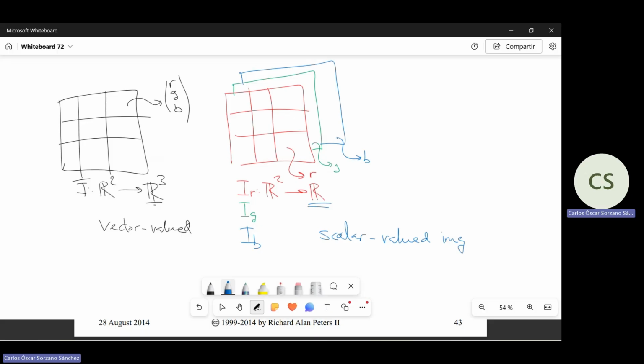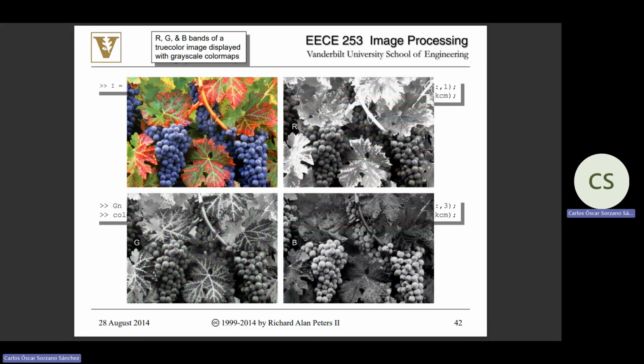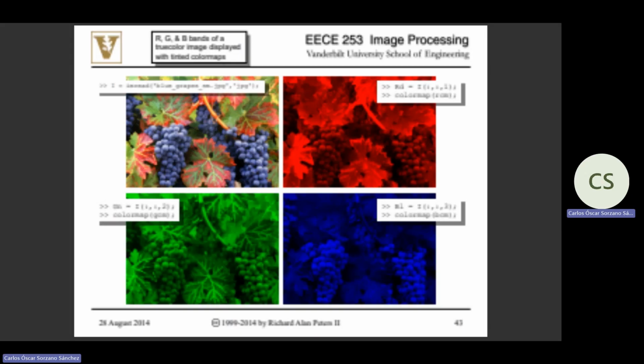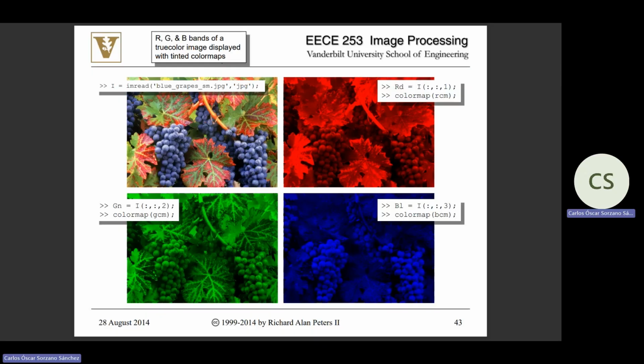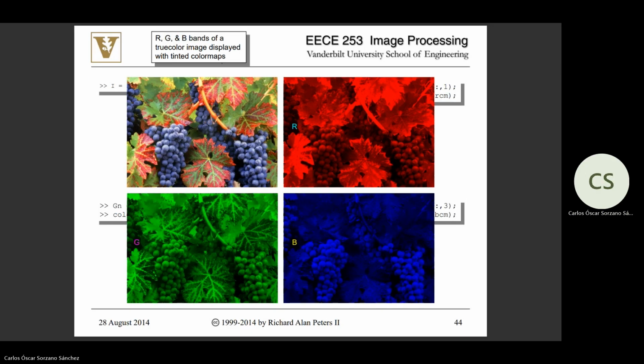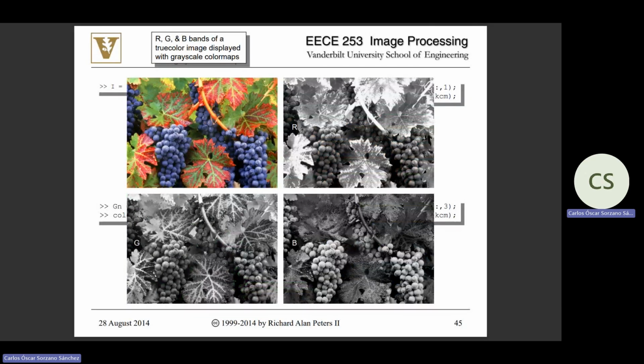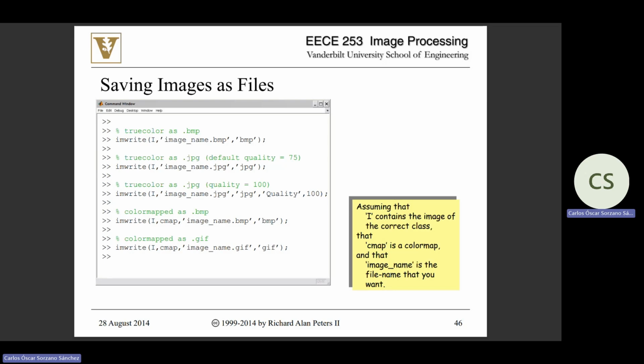But you can represent this number this way, which makes sense, or this way, which also makes sense. So you have to dissociate the representation of a signal from what the signal is.